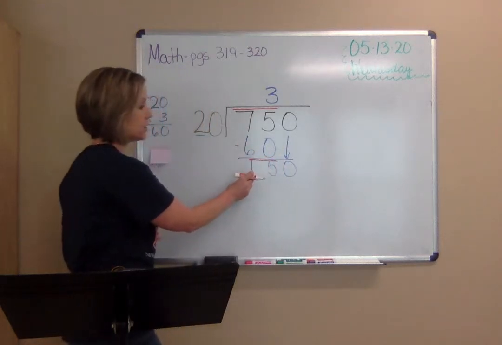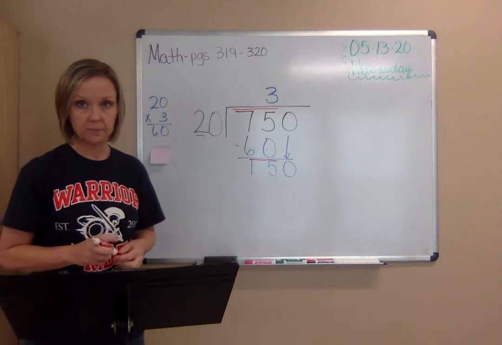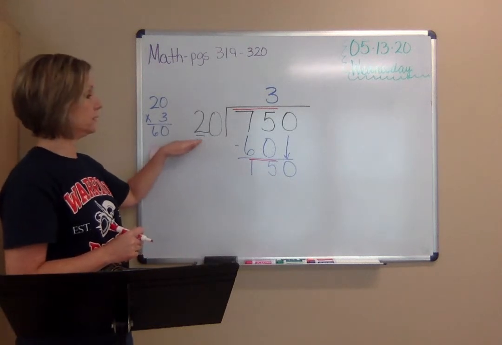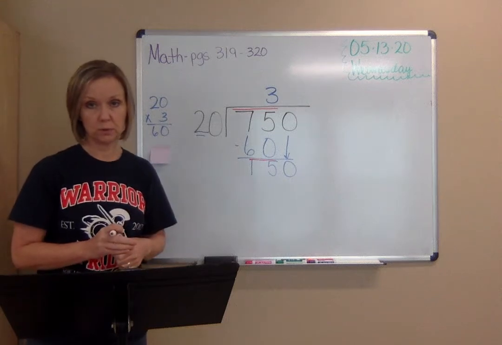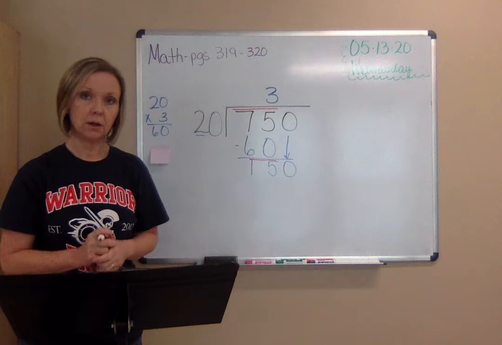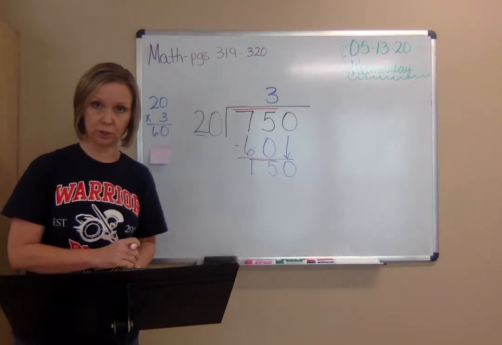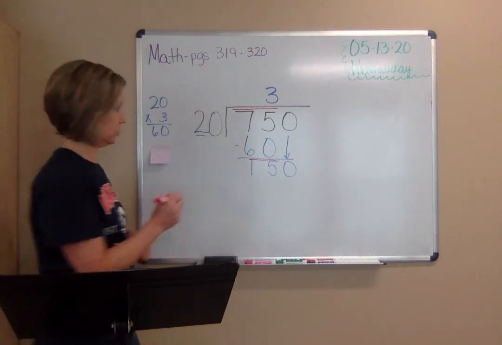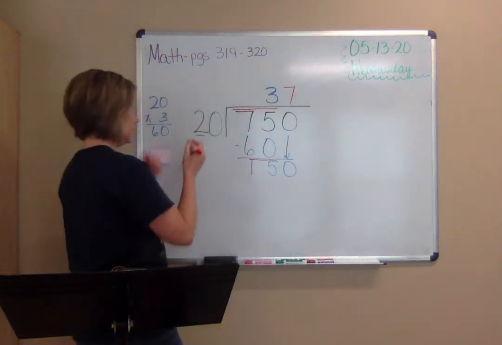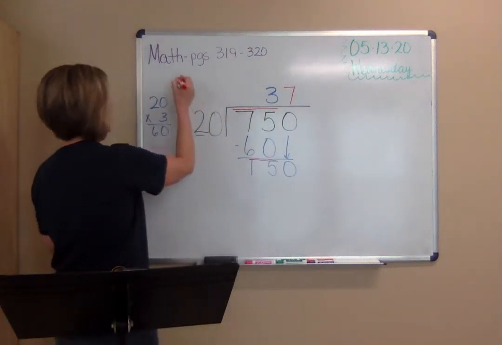So right here, you would say 15 divided by 2. How close can we get to 15 without going over, dividing by 2? 7. That's right. So we pop the 7 up here.